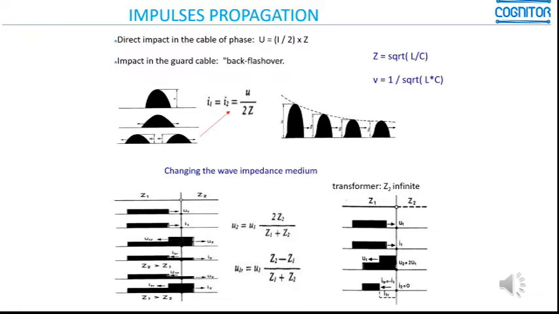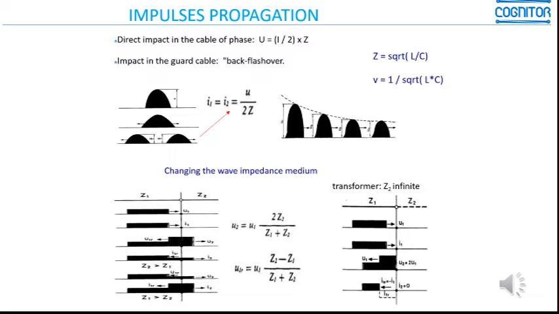When an impulse voltage from lightning arrives at a transmission line, suppose that it is over the cable of one of the phases of the line. It divides into two directions.